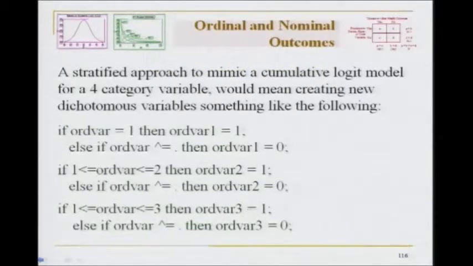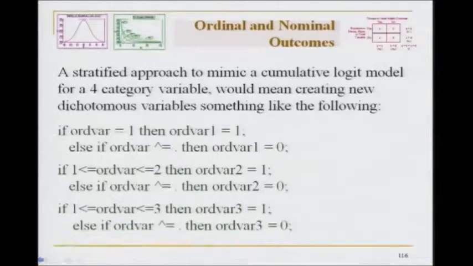I wanted to point out that I can actually mimic the results of a cumulative logit model. This is purely for illustration: running separate models where I've recoded the outcome into new dichotomous variables.